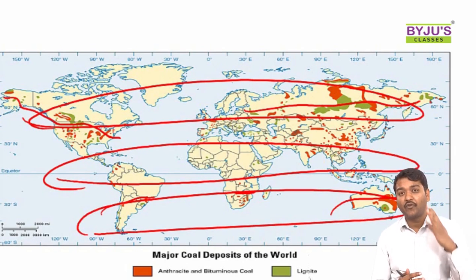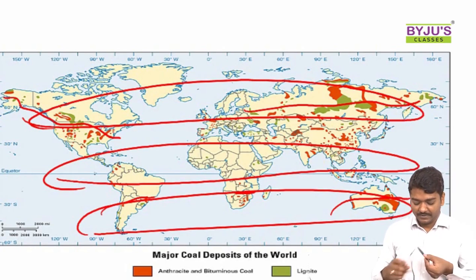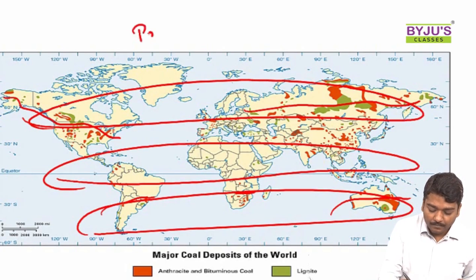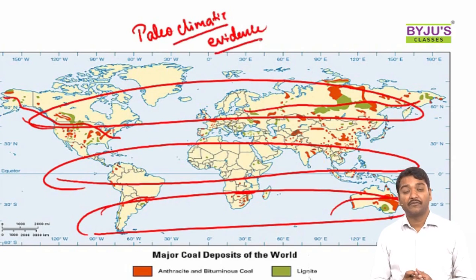So he gave 4 evidences. One is the jigsaw effect, second is regarding the fossils, third mountains, fourth the paleoclimatic, that is past climatic variations. That is, let me just write it, paleoclimatic evidence. These 4 evidences were important.